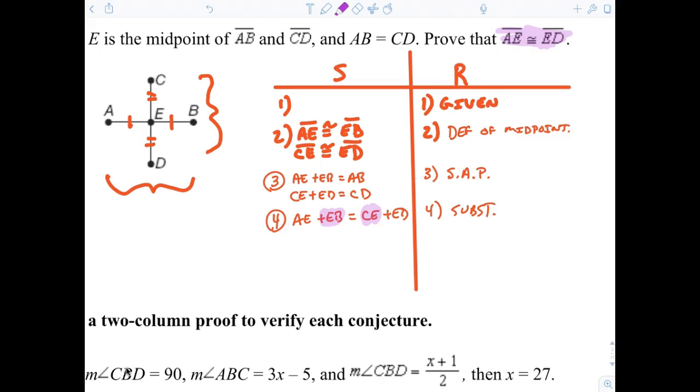Okay. So what would the next? You're right. But how would I write? AE equals. Tell her. AE plus AE. That's exactly right. AE plus AE is equal to what? ED plus ED.